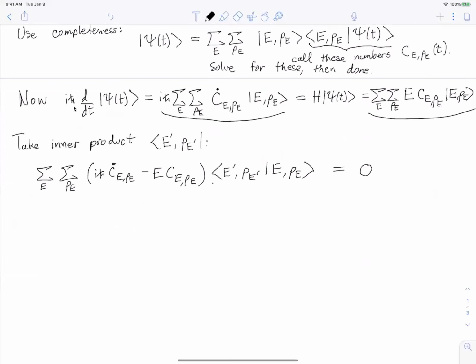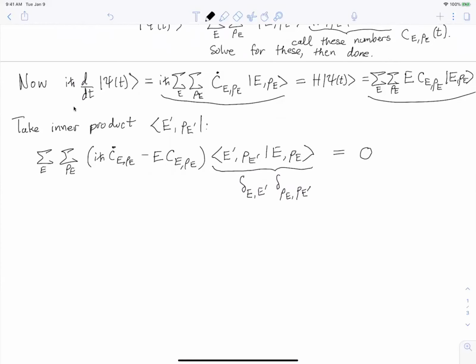And now, because this is a complete orthonormal basis, we know what this is. This is a Kronecker delta. It's only non-zero if E and E prime are the same and if the degeneracy labels are the same. And now, since we're summing over all E's and all rho sub E's, the only term that's going to survive is the one term where E and E prime are the same and rho sub E and rho sub E prime are the same. So only one term in the sums survives.